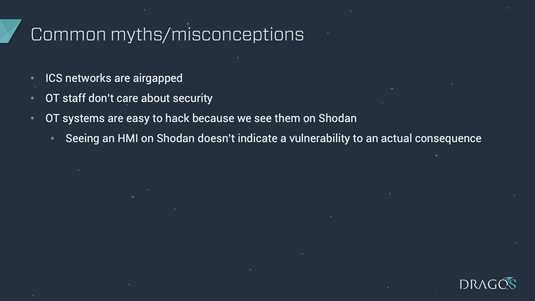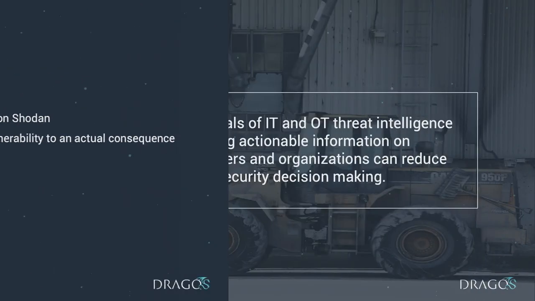So modifying something or playing with something that's on the open internet might do something and might not do anything at all. And a lot of times what you're seeing on Shodan are potentially ICS honeypots, things like that. So I just kind of want to get that out of the way here. But that's not to say that you can't use it for threat intelligence, right? It's really useful in terms of OSINT, potentially. But just because it's there, it doesn't mean you're going to be able to turn off the lights.